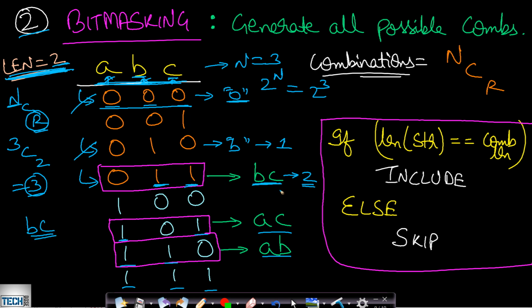Okay. Now what will be the order of storing? In this case, the storage will be having values BC, AC and AB. But as you can see in the question, it mentions that we need the strings in lexicographical ordering. But this bit masking will not guarantee you the lexicographical ordering. So how do we maintain it? In order to keep the elements in sorted order, while inserting, we can take a set or a map.